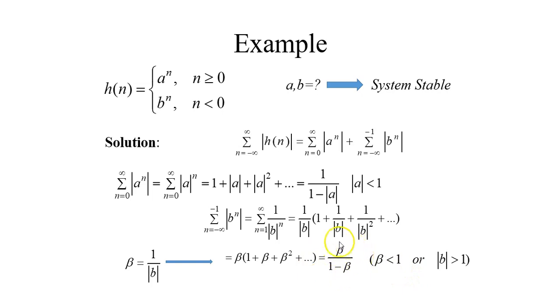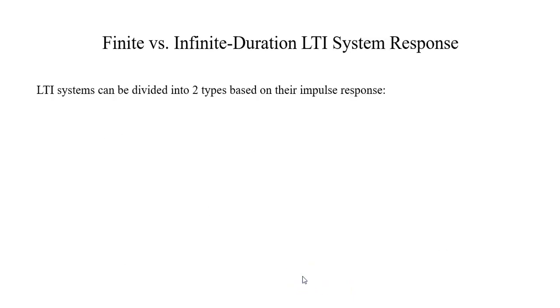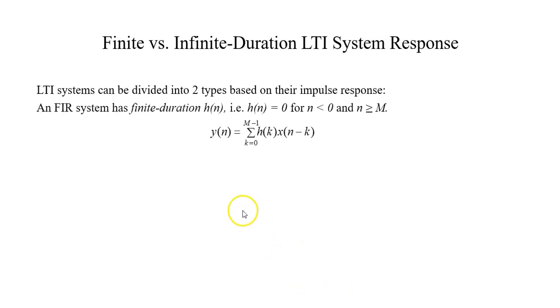So in this case, if it approaches 0, the system is stable, and based on beta, if it approaches infinity, the system is unstable.